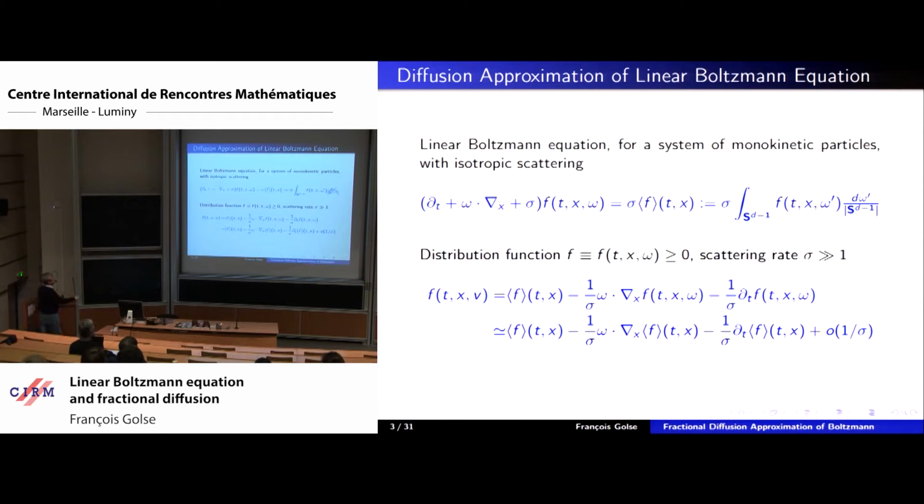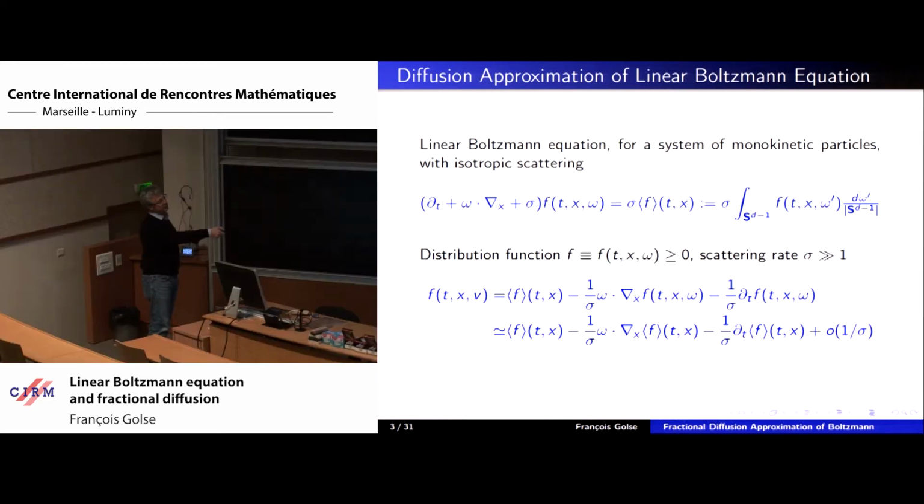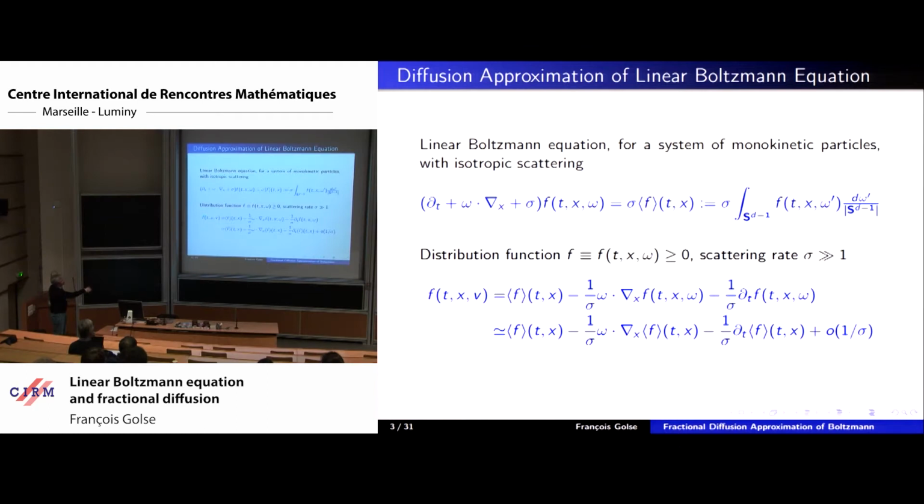If you do that, you see immediately, and that's an equality, that the equation you can write in this way: f of t, x, and omega, to leading order, is its angle average, plus a perturbation of order 1 over sigma, which involves omega dot grad x of f and the time derivative. And if you further approximate, to leading order, f is going to be close to its average in angle. So it should be an omega and not a v, sorry about that.